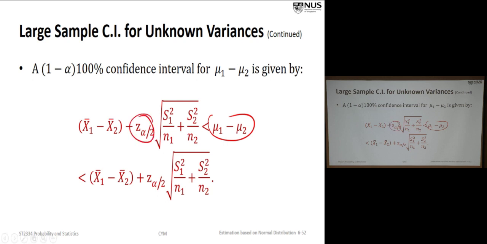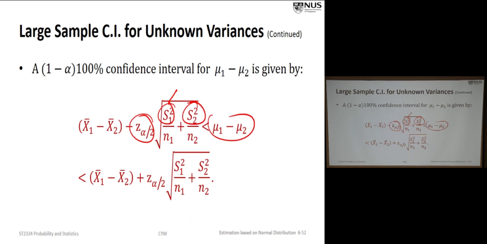We still have this, but this one is replaced by S1 square. This replaced by S2 square. All this is valid because of the central limit theorem. Big sample size, and the S1 square is considered as a very good estimate for sigma square.